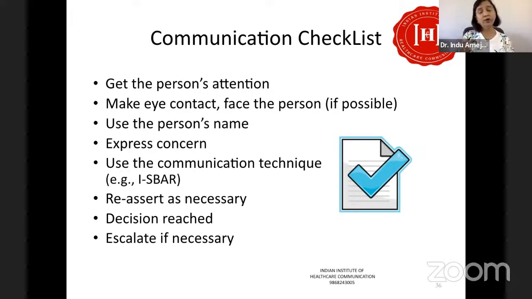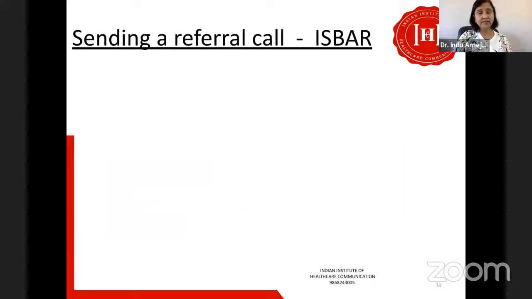For example, you found that the person's blood sugar is very, very low, say something like 40, 45. So you are informing the resident on duty that an urgent intervention is required. And you use this tool. So you explain in a manner and then using this technique. And in case it needs to be escalated, escalate if necessary.